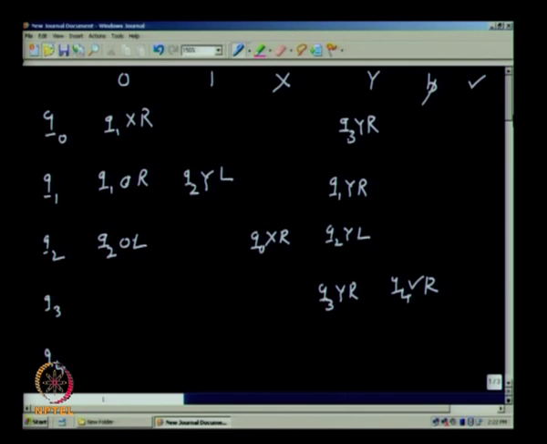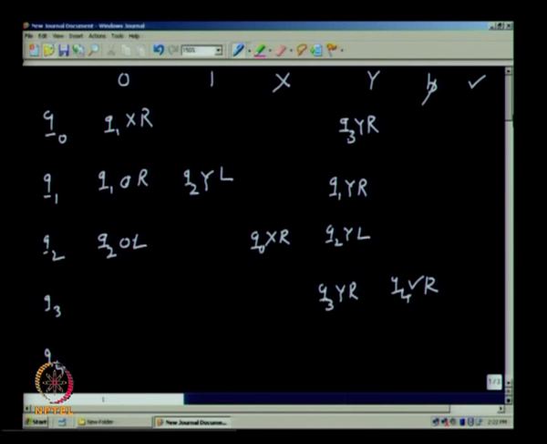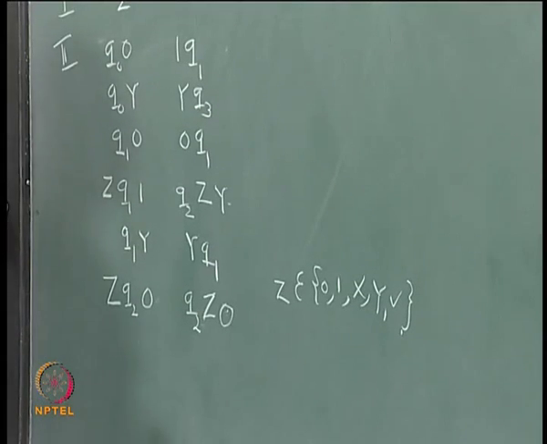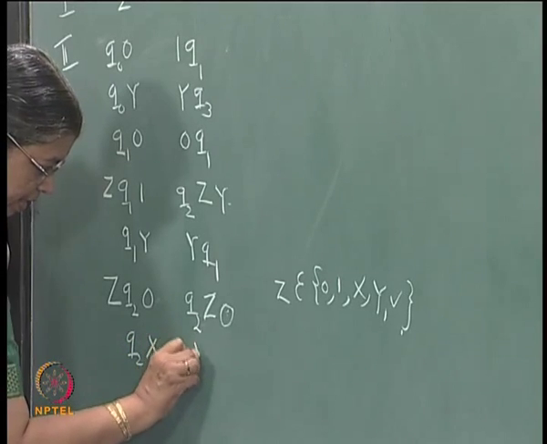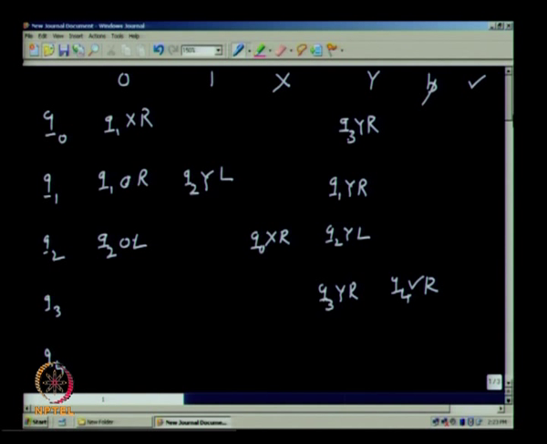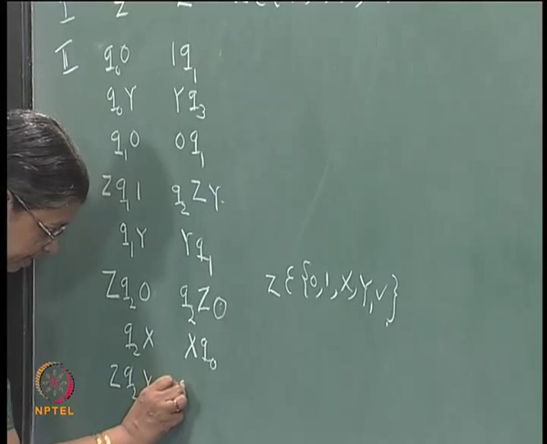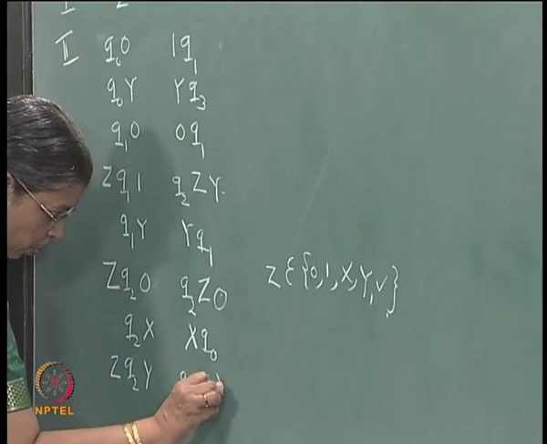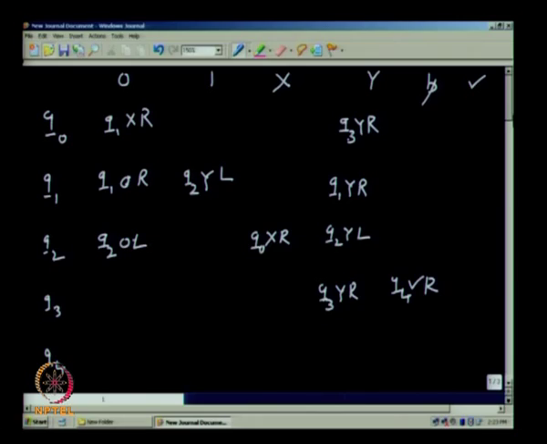Then Q2 X is Q0 X R, and Q2 Y is Q2 Y L. Again Z can be any one of the symbols, so there will be several pairs corresponding to that.